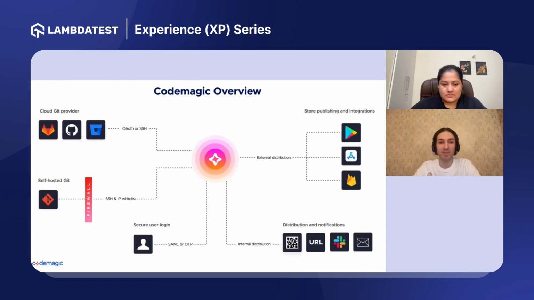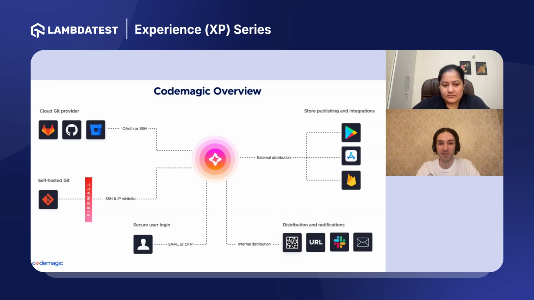So what you need to do is just add your application, and that repository could be from any Git provider, Bitbucket, GitLab, or GitHub, or if you have self-hosted repos, Codemagic handles these as well. Then Codemagic seamlessly takes your repo, and you provide the certificates, key store, and everything required for code signing.